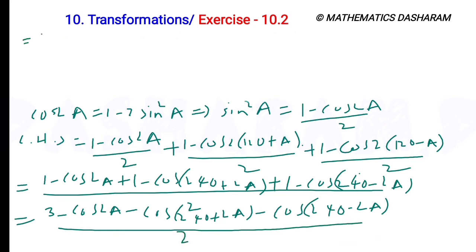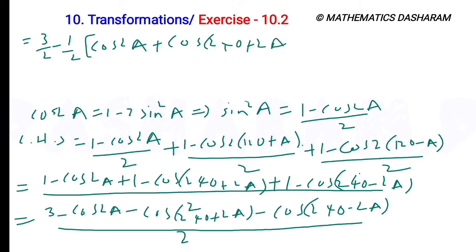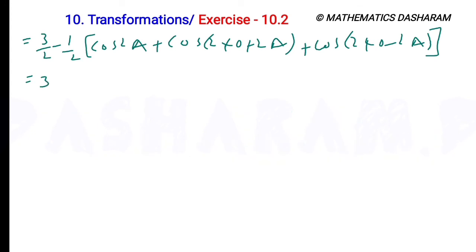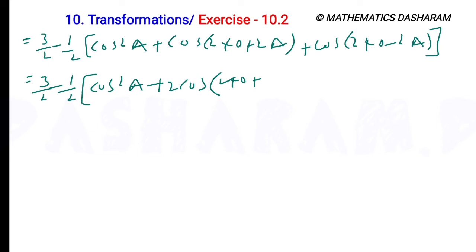So it is equals to 3 by 2, here take minus 1 by 2 common, so cos 2a plus cos (240 plus 2a) plus cos (240 minus 2a). It is equals to 3 by 2 minus 1 by 2 bracket of cos 2a plus, here the cos c plus cos d formula, that is 2 cos ((c plus d) by 2) into cos ((c minus d) by 2).